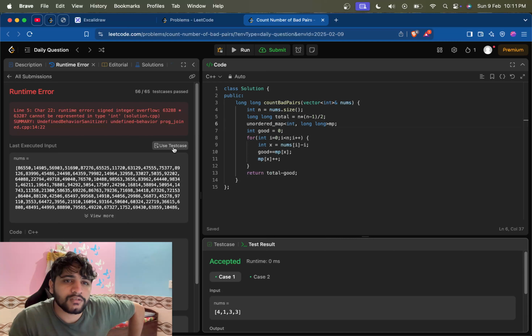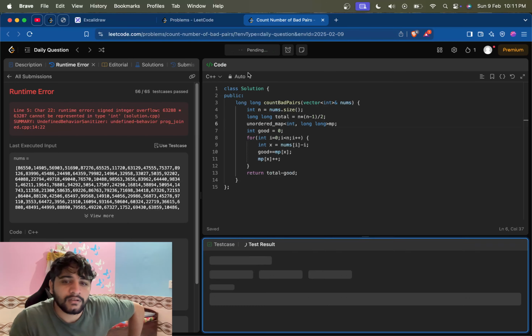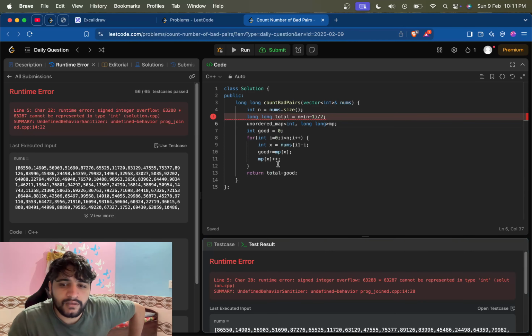Okay, use this test case and now run it. Again it overflowed. So int total is equal to n into n minus 1 by 2.